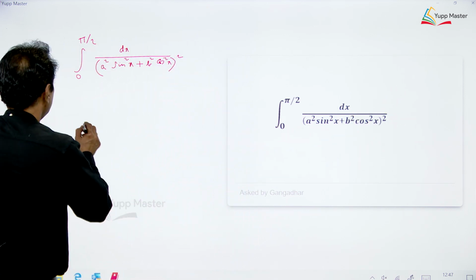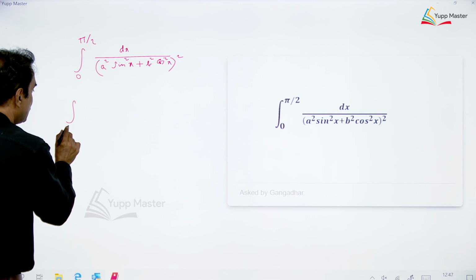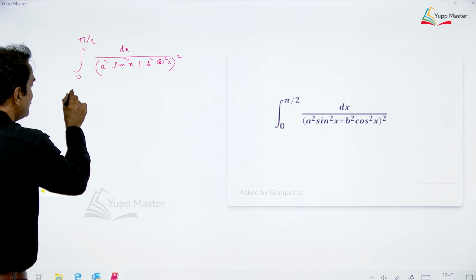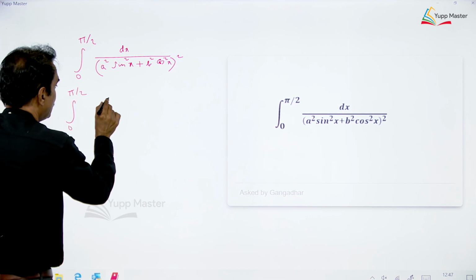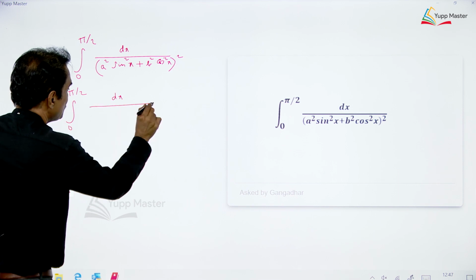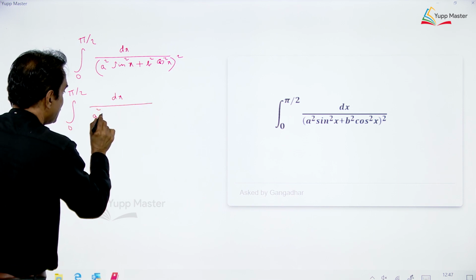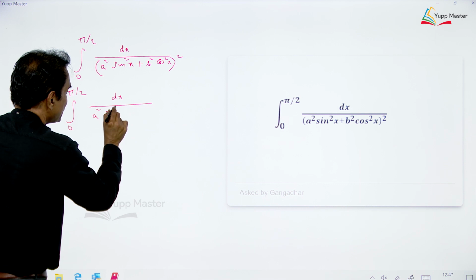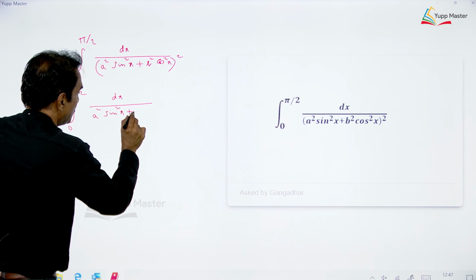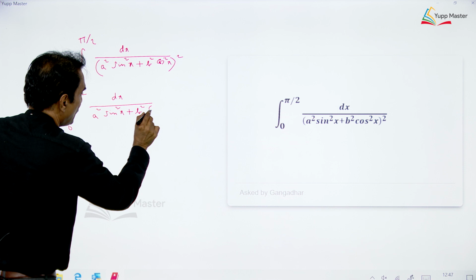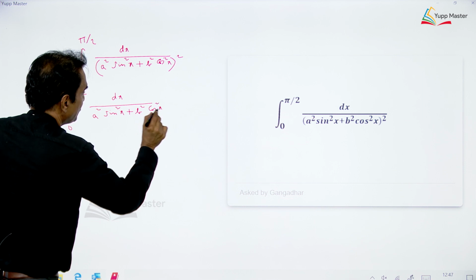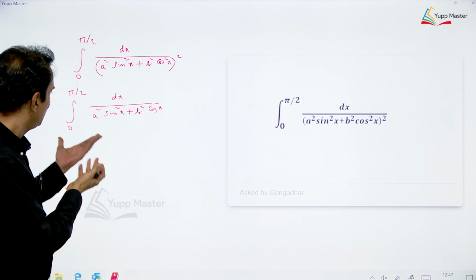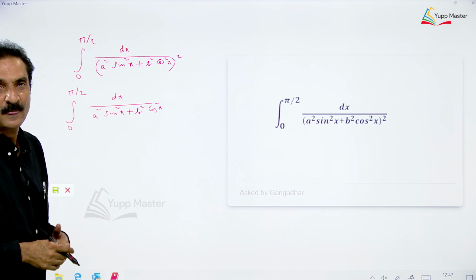If square is not there, integral 0 to pi by 2 dx by a square sin square x plus b square cos square x. Without the square, it is a very simple question. How to solve?